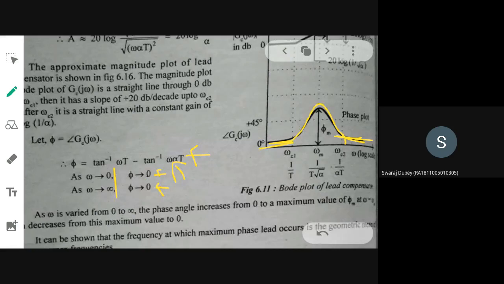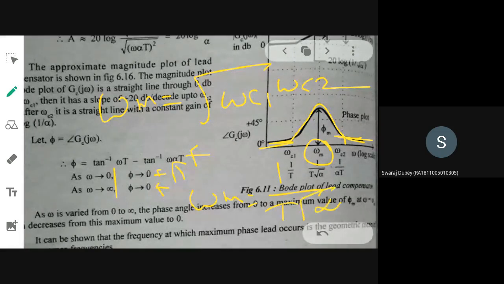In between you will observe a phase lead that happens at omega m. You know how to calculate omega m. Omega m is the square root of omega c1 times omega c2. By using that formula, omega m is obtained as 1 divided by t square root of alpha. I have to remember this formula; it might come in an MCQ. So what is the formula for omega m?